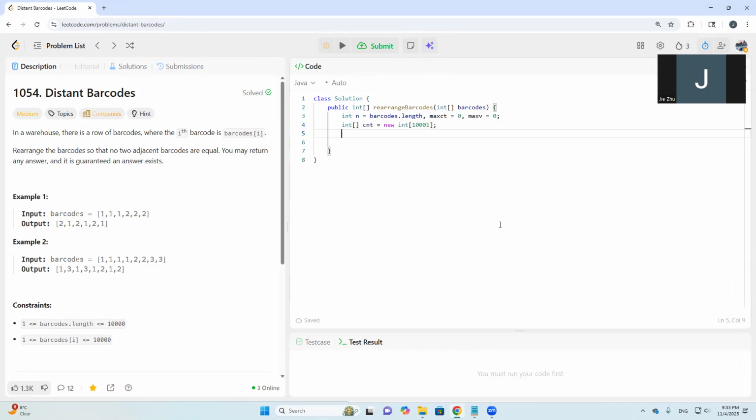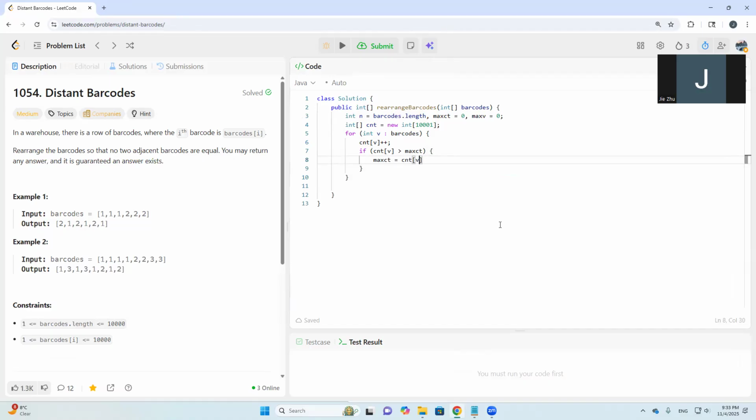For every int v in our barcodes, count[v] should increase by one. If count[v] is greater than maxCount, then maxCount equals count[v], and also maxV equals v.